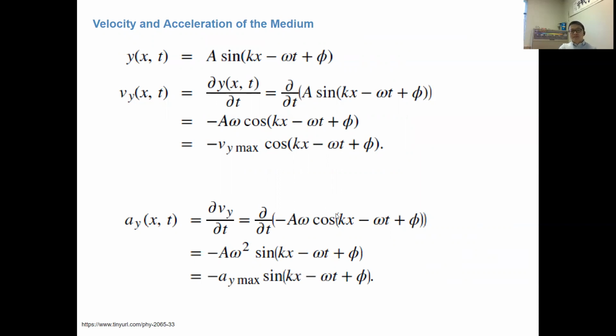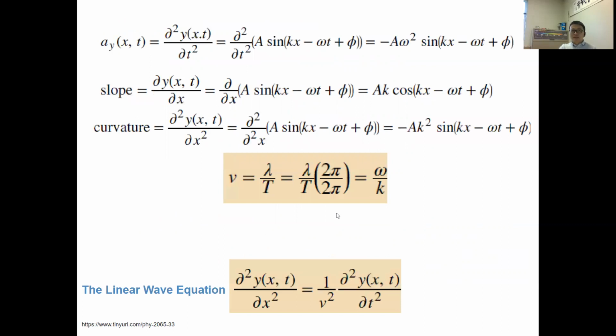Taking the double derivative of the wave function with respect to t squared, you get an oscillation, which is a sine function if you start with y as a sine function.